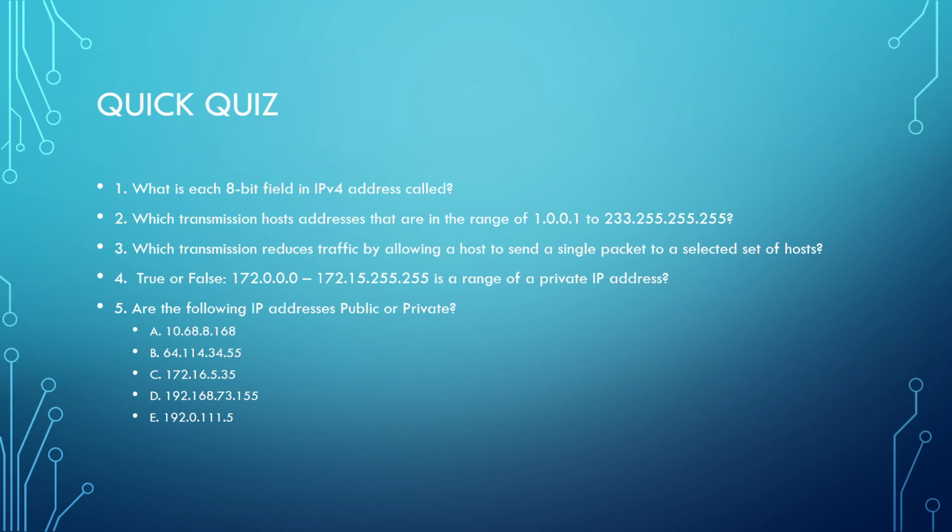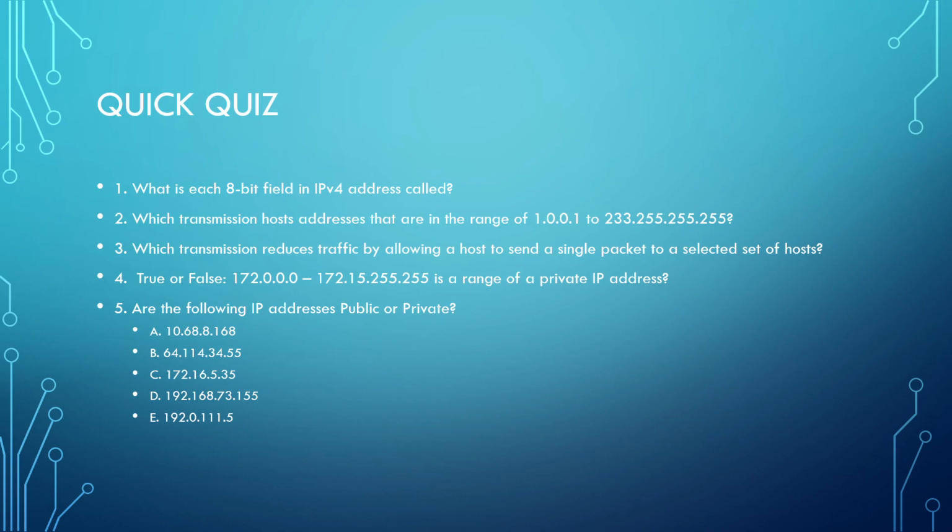Number three, which transmission reduces traffic by allowing a host to send a single packet to a selected set of hosts? Number four, true or false: 172.0.0.0 to 172.15.255.255 is a range of private IP addresses.